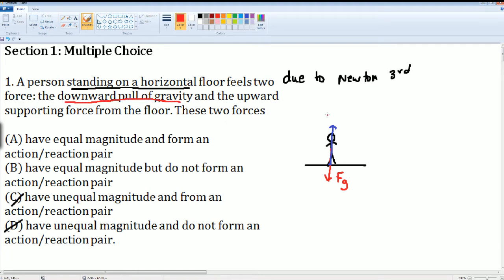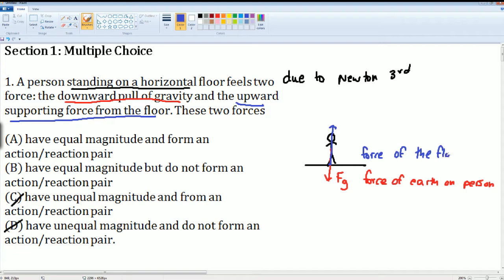This is the force of Earth on the person. And then the blue one, which is the normal force, the upward supporting force from the floor, that is the force of the floor on the person.